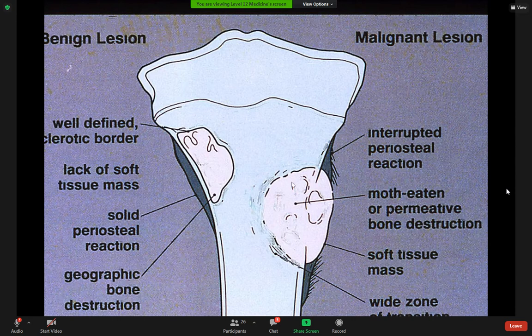Inside the tumor, is it organized, or is it primitive bone destruction that doesn't have a specific pattern? It is primitive, so most likely it's an aggressive process rather than a benign tumor.